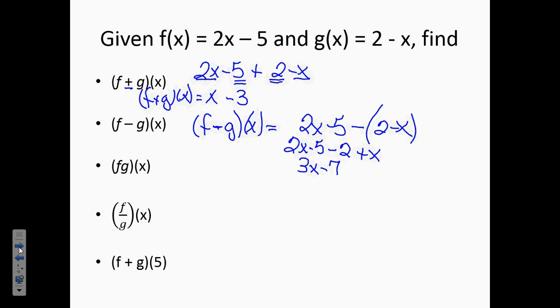f times g of x says to take 2x minus 5 and take it times 2 minus x. But we're not finished. We need to simplify that. So what do I have to do?